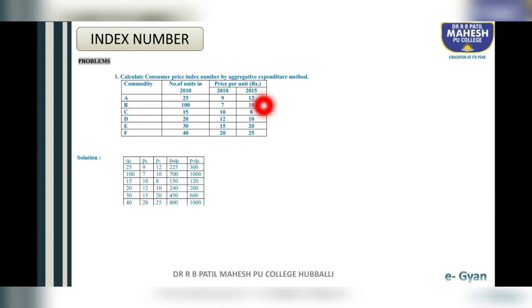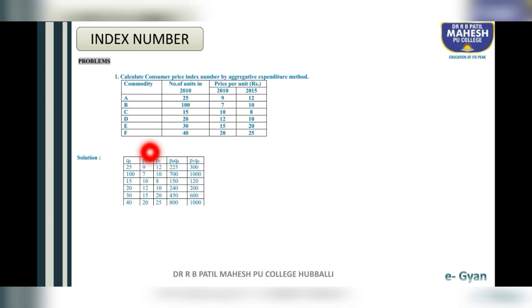Price of 2015 means current year prices. As I told you, here weights are not given, so you have to apply the aggregative expenditure method formula. To find it, what we require? P0 into Q0 and P1 into Q0. So first you find out P0 into Q0.